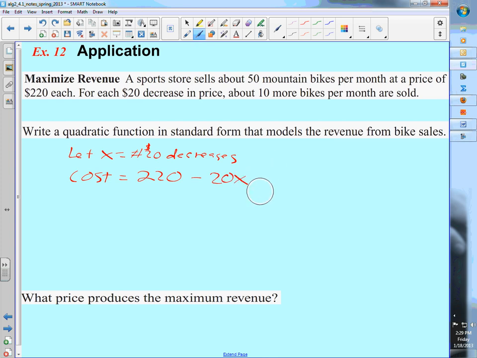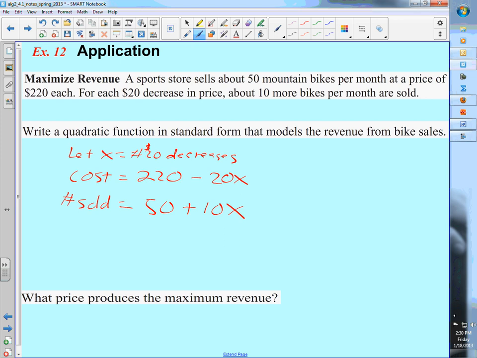We don't need parentheses. So if x is 0, if we decide I'm leaving my price alone, then the cost will stay 220. If we drop it one time, it's 220 minus 20 is 200. 2 drops would be 180. 3 drops, 160. How about the number of bikes sold? 50 plus 10x. Excellent job.